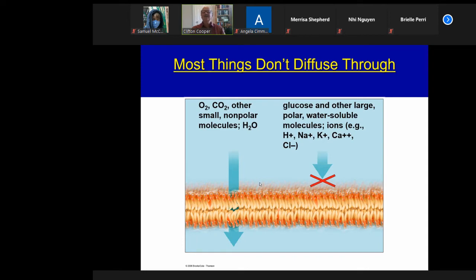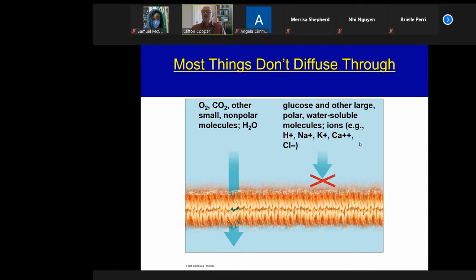And then we get other things that are either bigger or more polar. These ions have more of an extreme charge than, say, the oxygen in water does, or the hydrogens in water. These ions have full units of charge, and they are too polar to make it through the membrane. So if you have salt there and no salt there, the salt will stay on the salty side basically forever, unless you have a membrane transport protein move it.